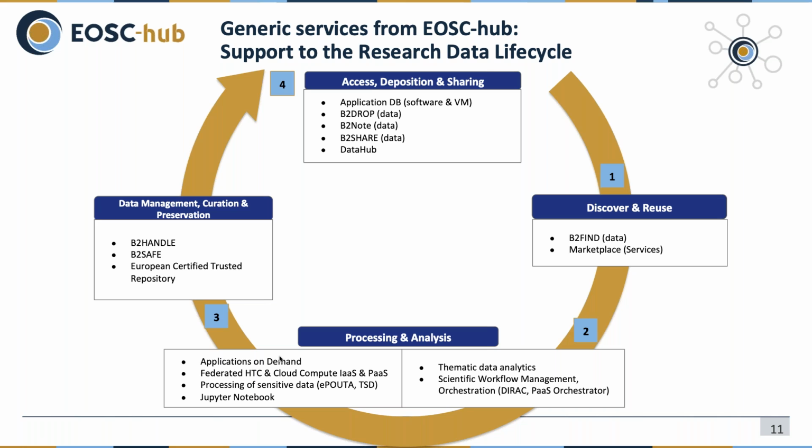The research data lifecycle basically captures the essence of how research is conducted by a researcher defining a project or formulating a research question, which starts with the state of the art, starts with identifying what can I reuse from what has been already done.